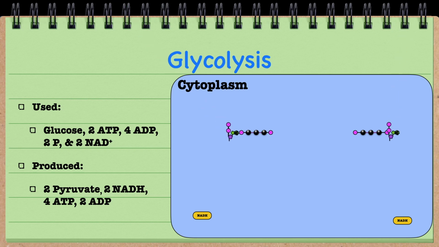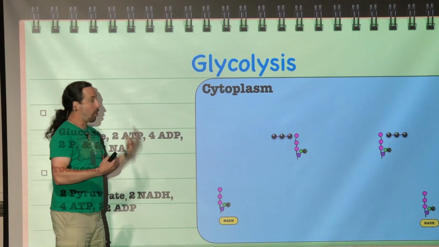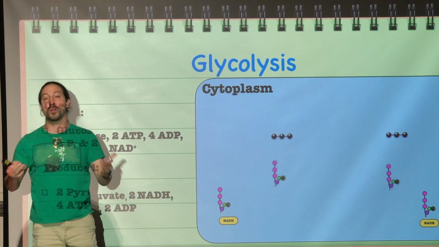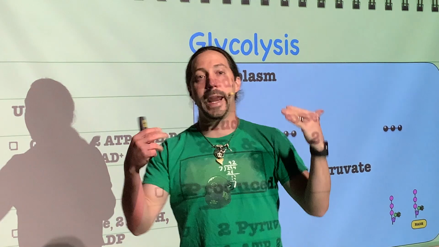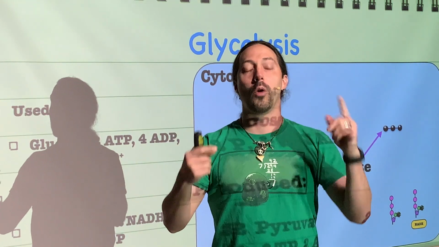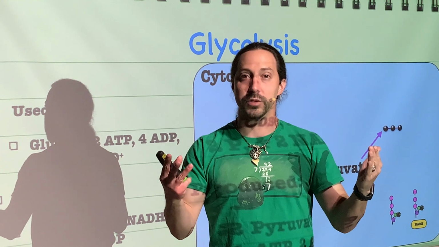And because of that phosphorylation, now these 3-carbon molecules can donate those phosphates to ADPs, and we generate ATP. And even though it cost us 2 ATP to start this process, we've in the end generated 4 ATP molecules for our 1 molecule of glucose.